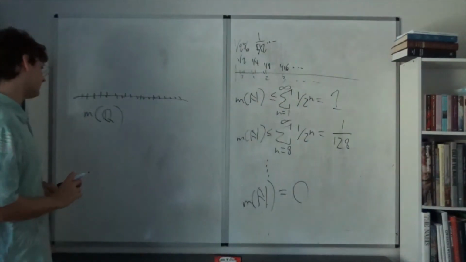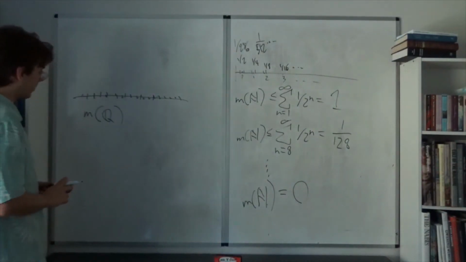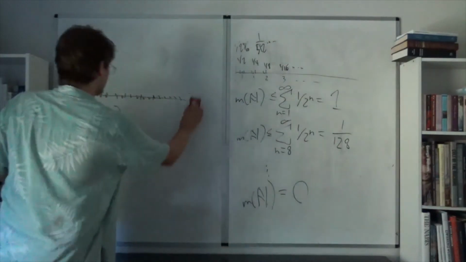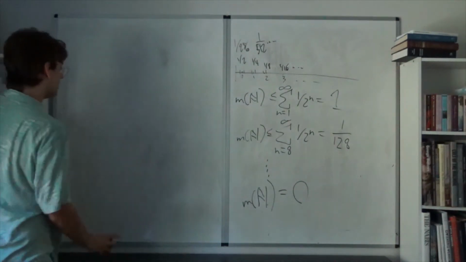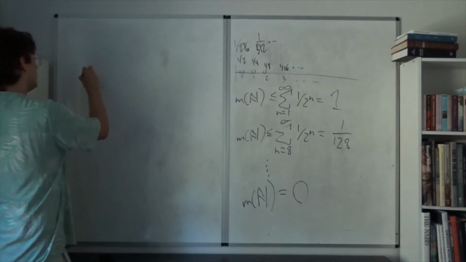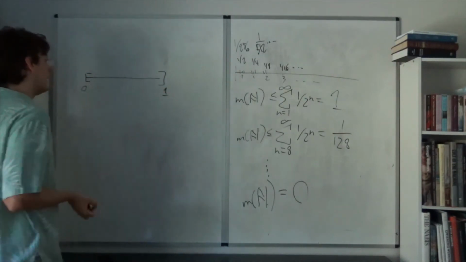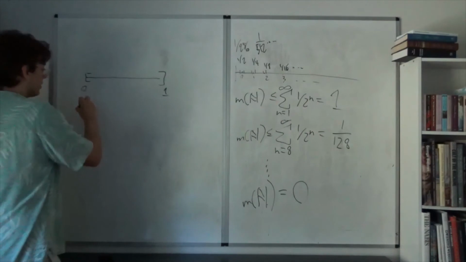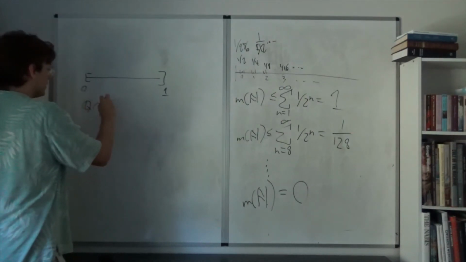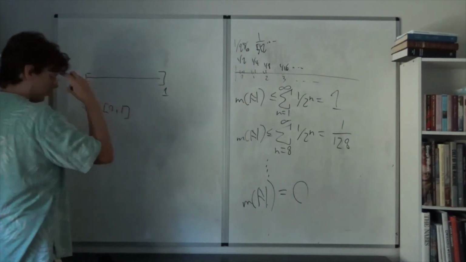Because we also have the real numbers in there, right? Actually, let me restrict this a bit. Let's just do 0 to 1 right here. Let's just talk about the rational numbers inside of there, just to make life a little more straightforward.